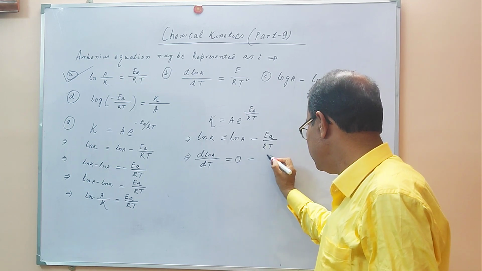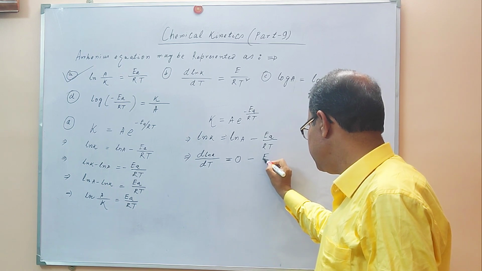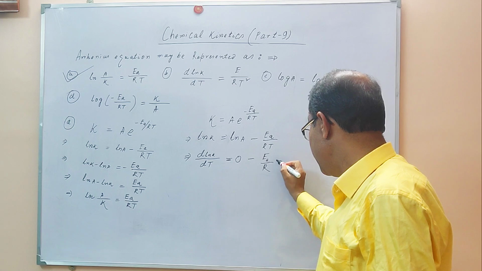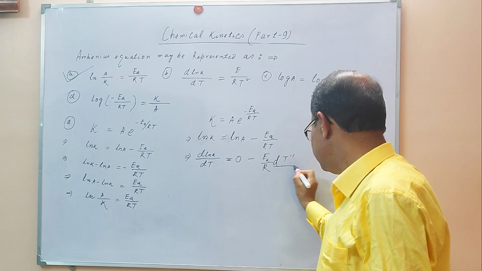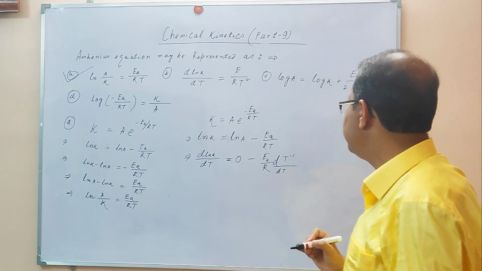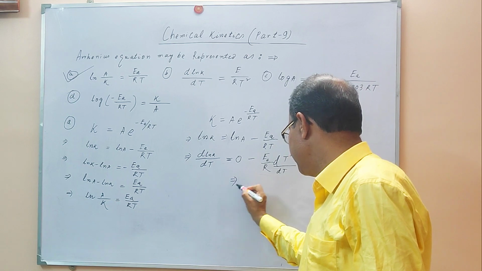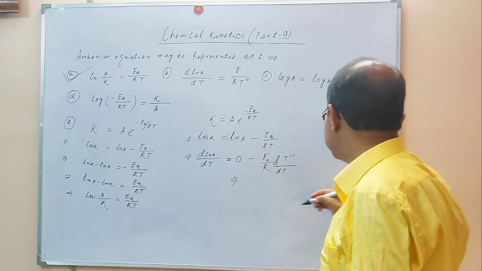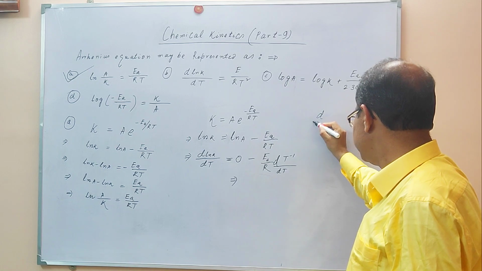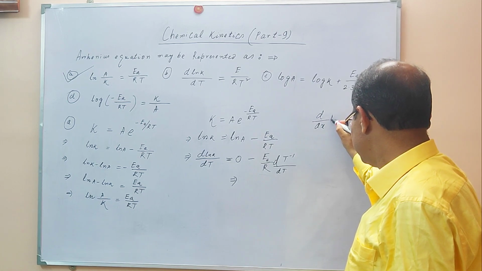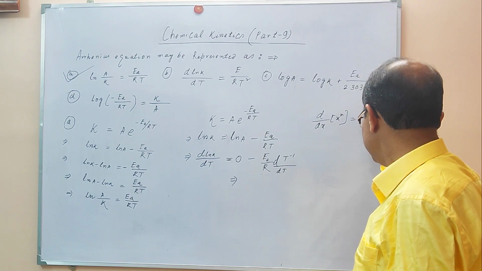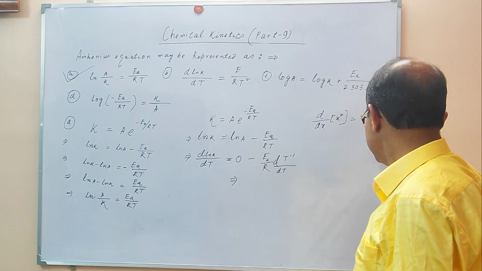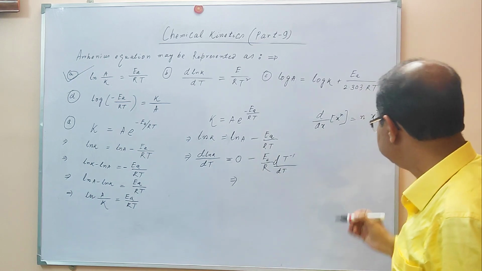Here is a minus value, and EA by R, and we differentiate 1 by T with respect to T. You know, when you differentiate x to the power n, it becomes n into x to the power n minus 1.